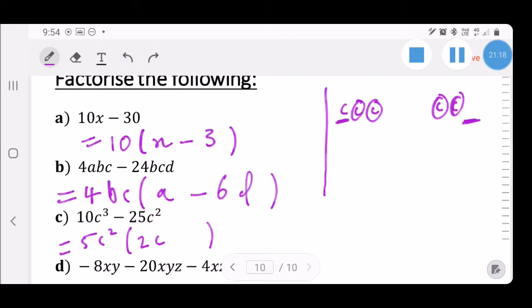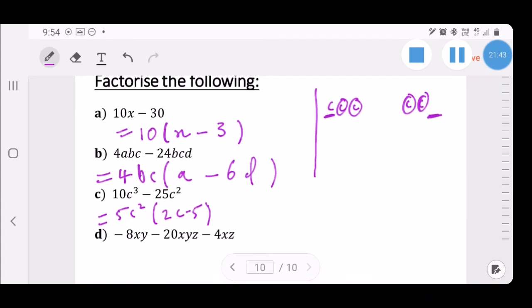Well, 5 times negative 5 gives me negative 25. And I already have my C squared. So that's it. 5C squared times minus 5 gives me minus 25C squared. So bring that bracket in a little bit. That's the answer.